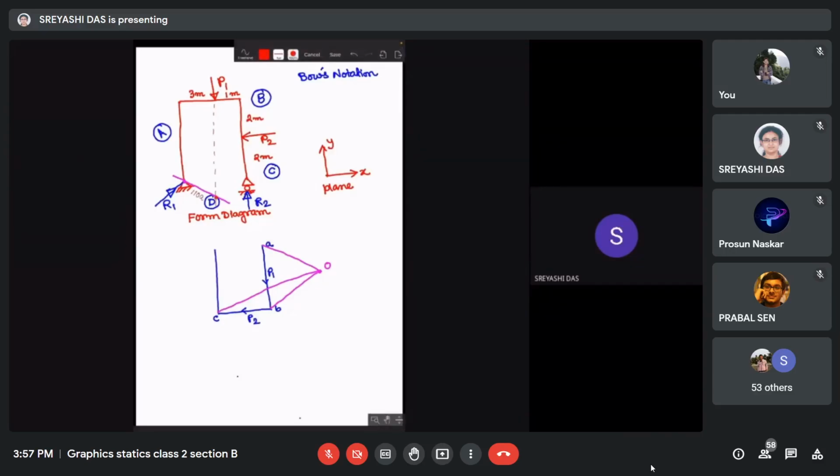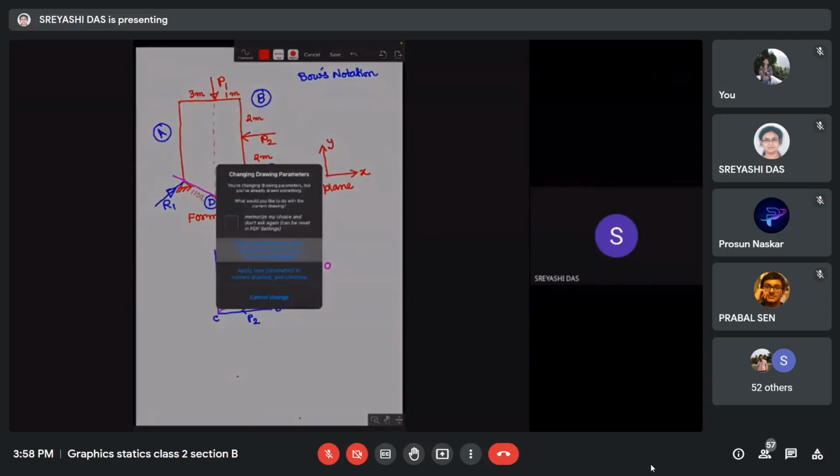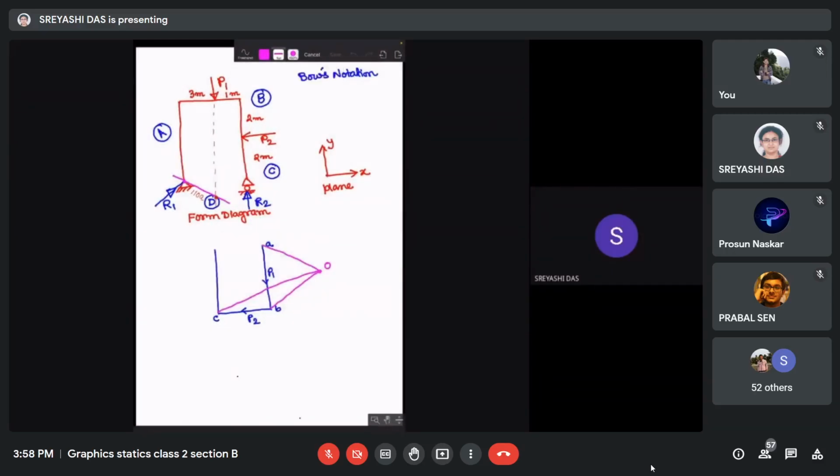Now, we will draw a line parallel to OB from this node, like this, which will cut the extension of this force at this point.